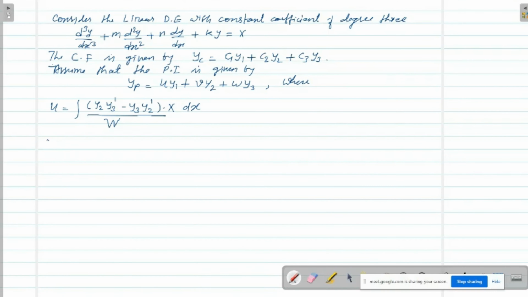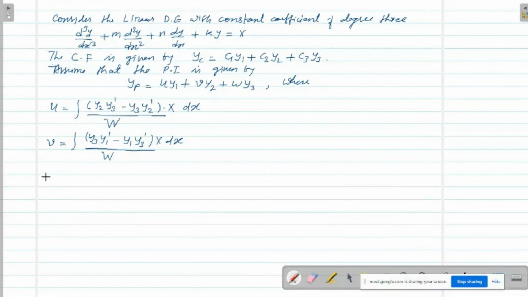And v equal to integration of y3 y1 dash minus y1 y3 dash, into x dx, divided by capital W.